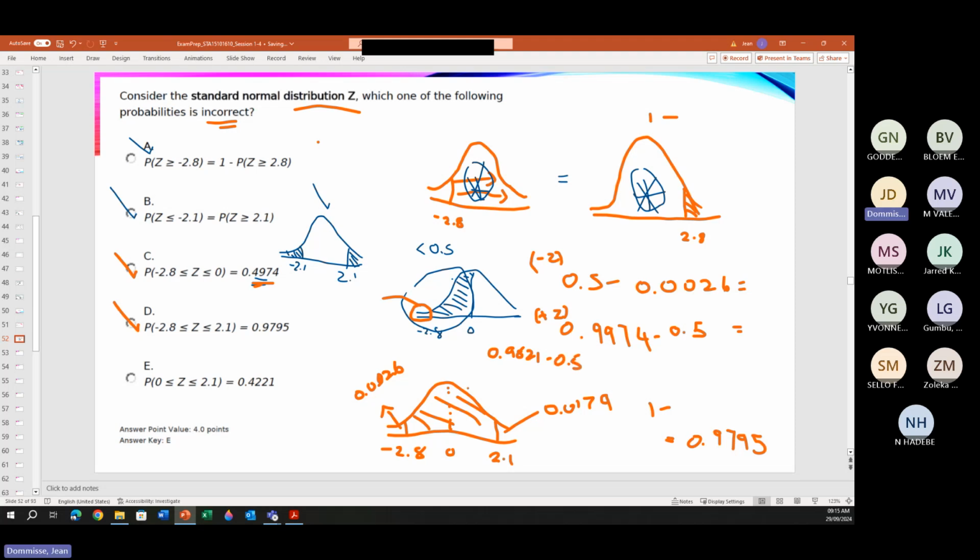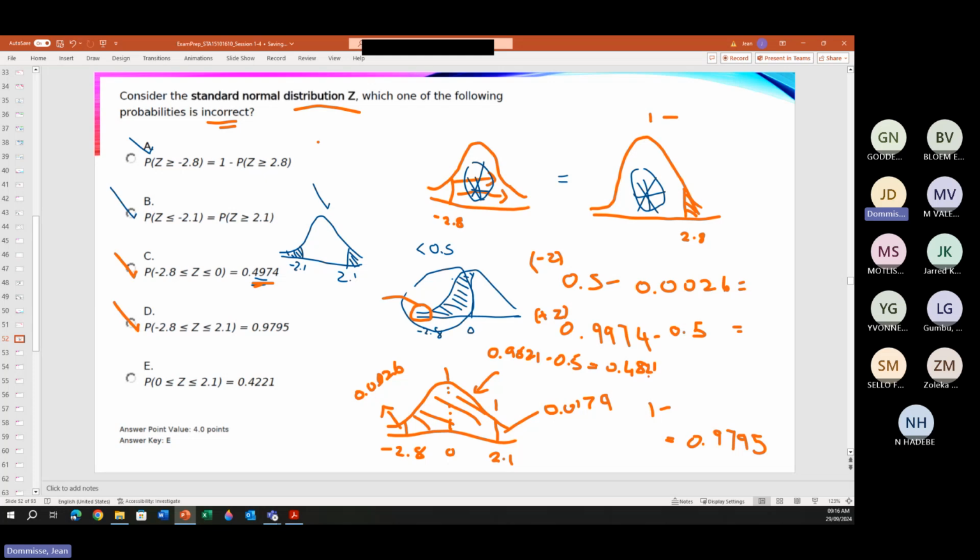That would have given you this area, which is 0.4821.